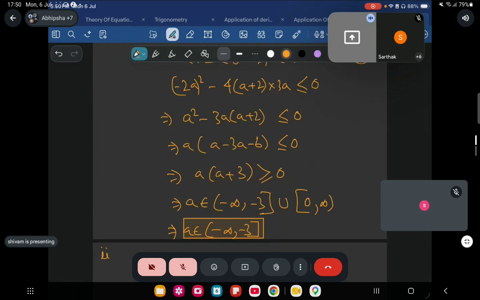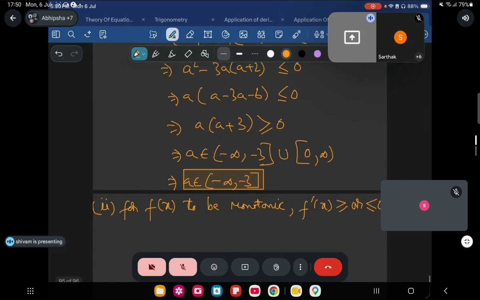Number 2, for f of x to be monotonic, f dash x must be greater than or equal to 0 or less than or equal to 0, right?